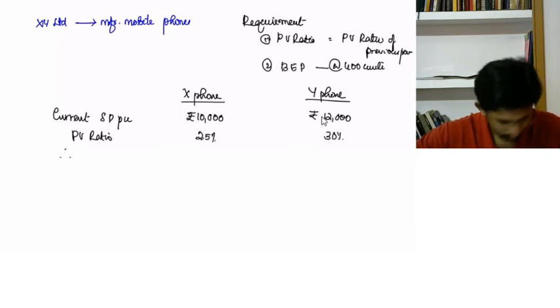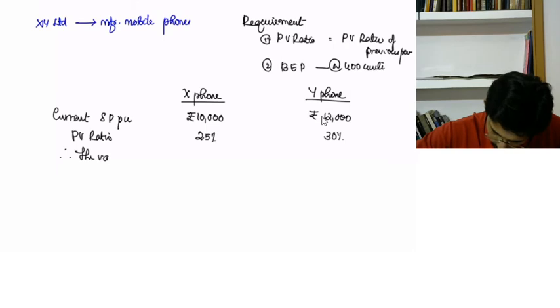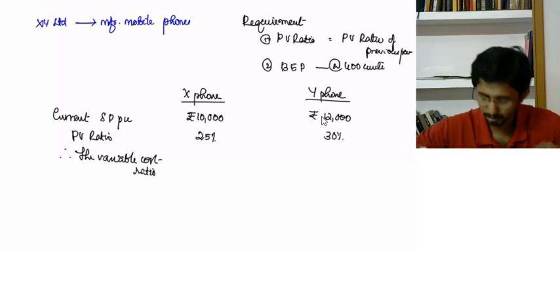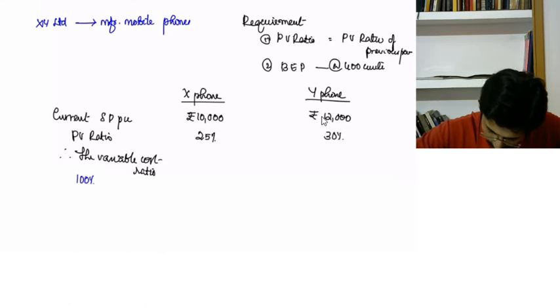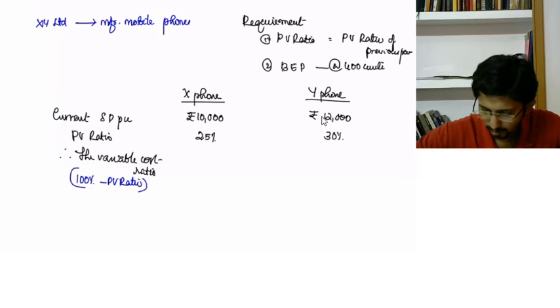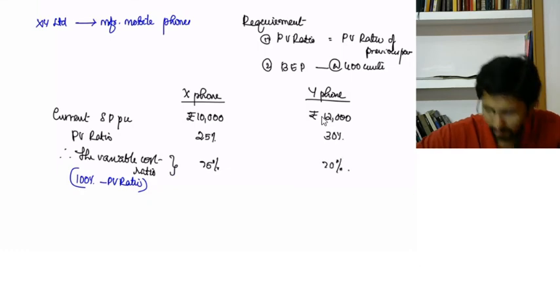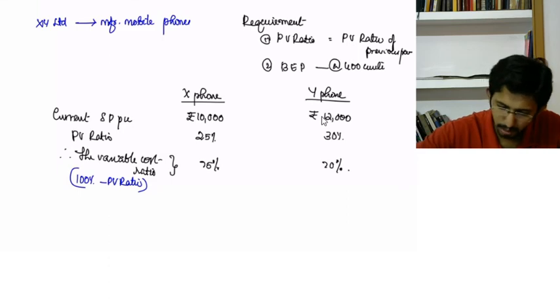Therefore, what is the variable cost ratio? The formula for variable cost ratio is 100% minus PV ratio, that is equal to 75% and 70%.